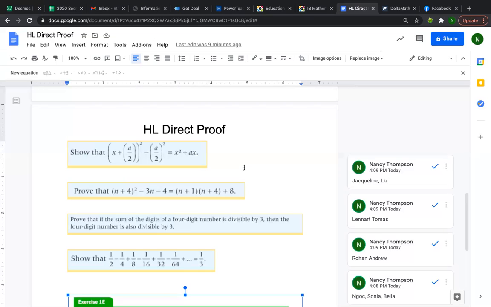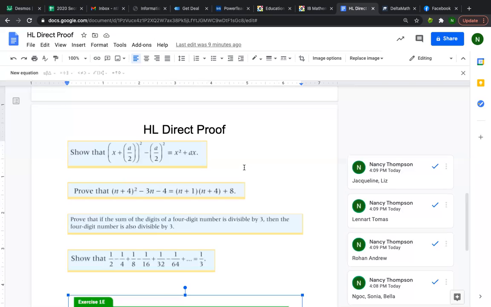For the third one, Rohan and Andrew, you're going to need more definitions, the way I just did that last one. So you'll need a 4-digit number to be divisible by 3, and the sum of the digits. So you're going to have to define each digit as a variable.